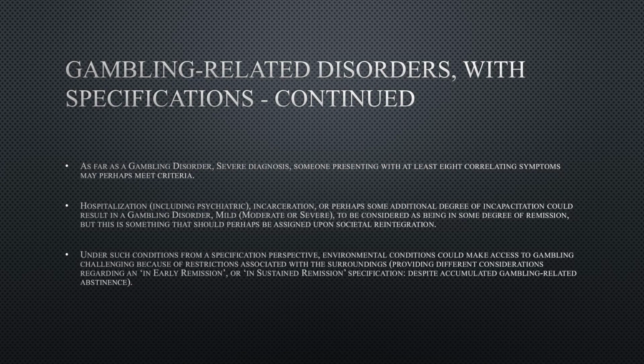And I wanted to use the term abstinence, which is traditionally correlated with substance use disorders, but like I mentioned, with gambling related disorders essentially being mental health disorders according to the 5th edition of the Diagnostic and Statistical Manual of Mental Disorders, just like substance use disorders are, such as a cannabis use disorder mild diagnosis is a substance use disorder, is a mental health disorder.